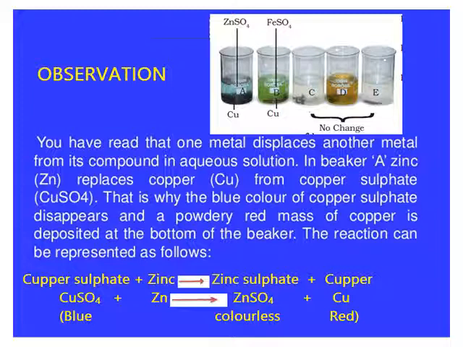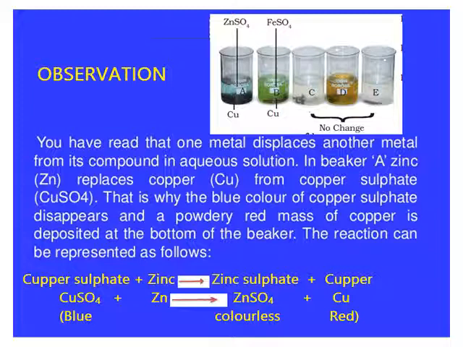Before the reaction, copper sulfate was blue in color, and after the reaction we see red color copper deposits, which means copper has been removed or displaced from copper sulfate. Let us keep this in mind and continue with the further beakers.